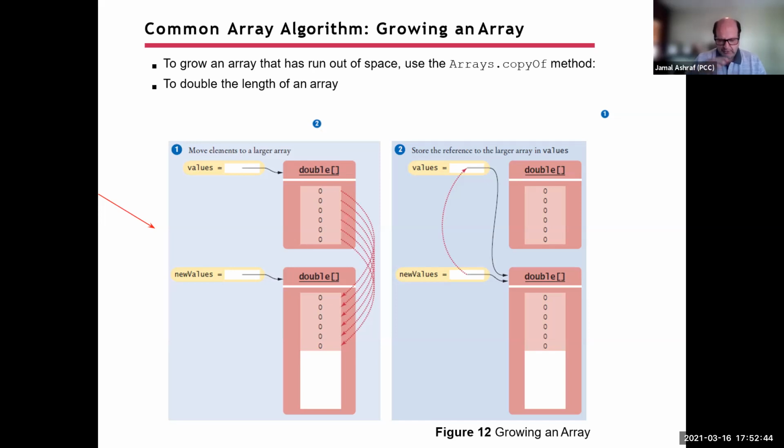I make another array of bigger size than I have. I copy the stuff that I have in this array to the new one, and then I can add more stuff to it. So you start reading from the user. As soon as you run out of space in your array, you make a new array with a bigger size, and then you add the rest of them in there.